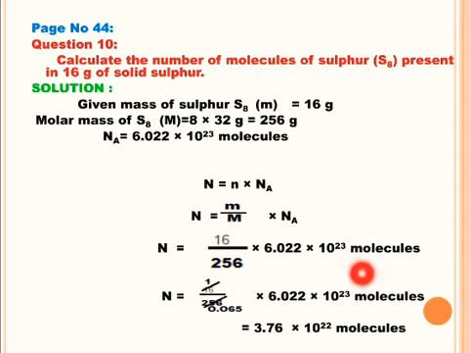Students, do this calculation in your notebook and tally your answer from this slide, and final value of n comes out to be 3.76 into 10 raised to power 22. It means 3.76 into 10 raised to power 22 molecules of sulfur are present in 16 grams of solid sulfur. So practice this numerical once again in your notebook.